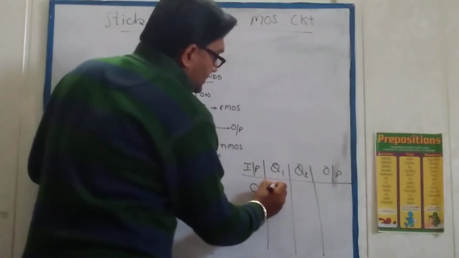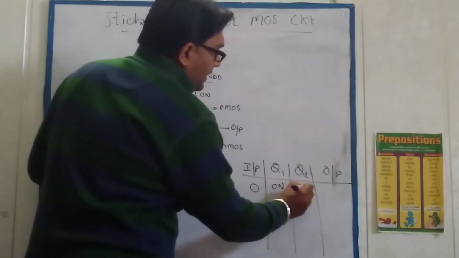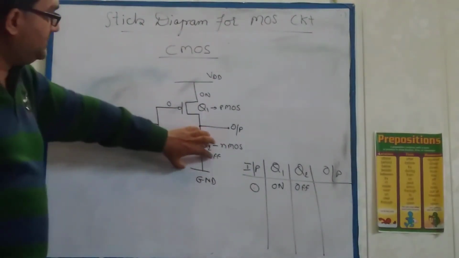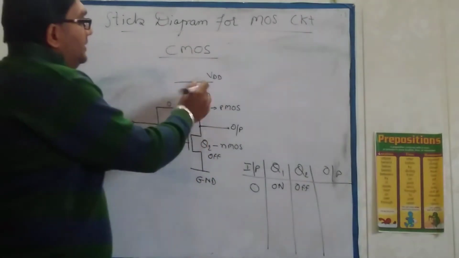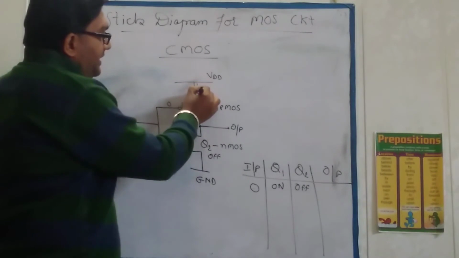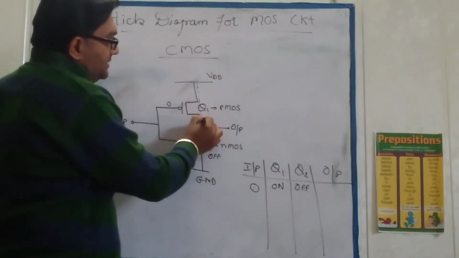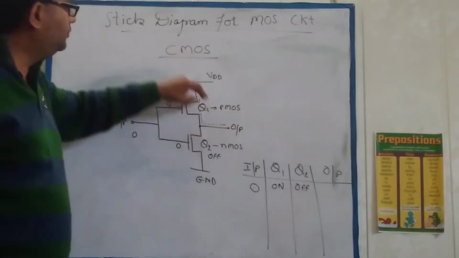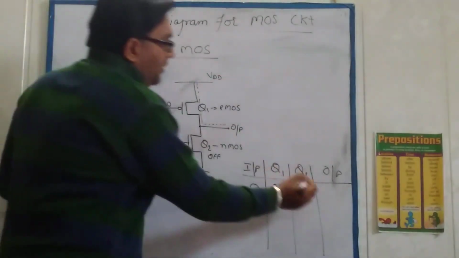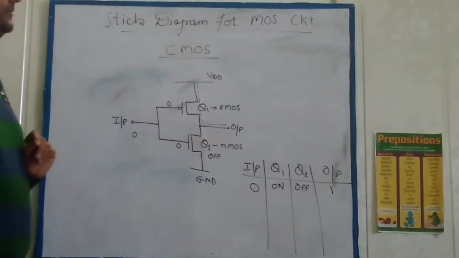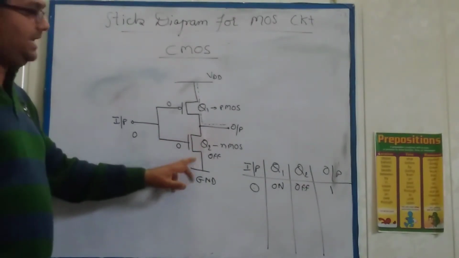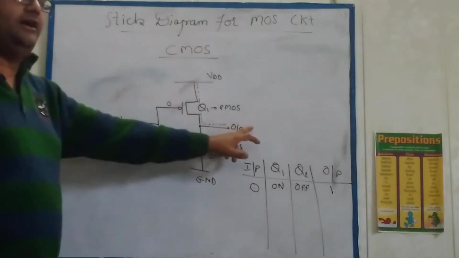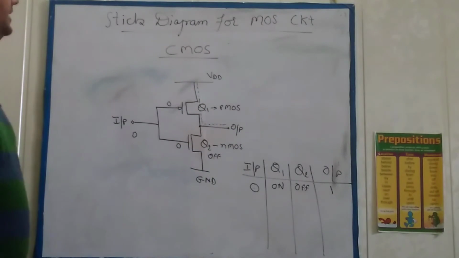So Q1 is on and Q2 is off. That means this portion is cut off. Since Q1 is on, VDD gets a path through Q1, and the voltage VDD appears at the output through transistor Q1. So the output becomes 1. The path through Q2 is blocked as this transistor is off.